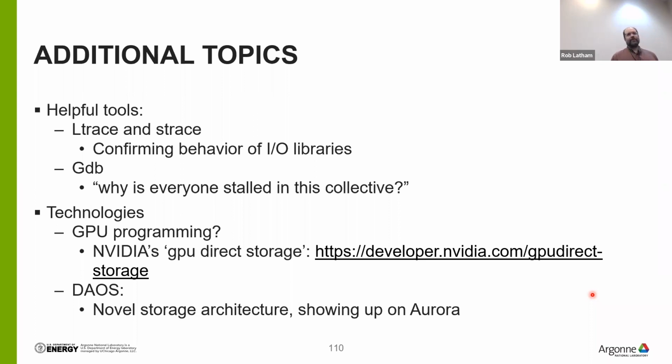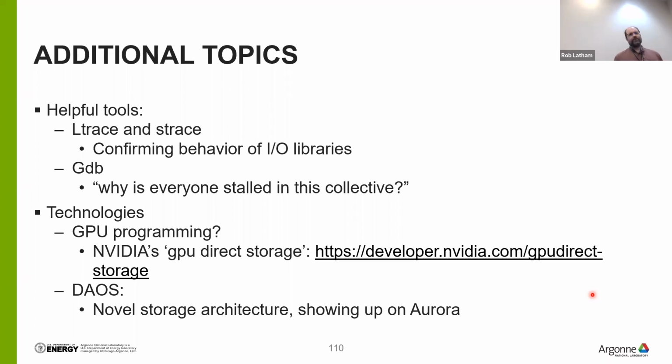And sometimes that's helpful if I want to confirm that, say, the Cray library is actually making the kind of call I think it's making. Cray is a commercial vendor. They don't have the source code for their MPIO modifications. So sometimes I got to poke around their code through more indirect fashions. That's fine. It's just another tool in the toolbox.